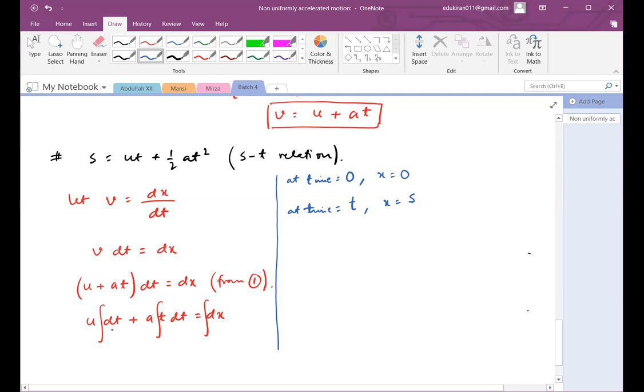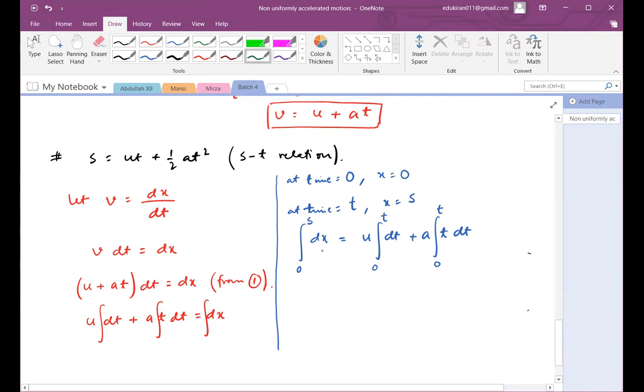Now put these two limits in this expression, you will get integration of dx is equal to u times integration of dt plus integration of a t dt. If t is equal to 0, displacement will be 0, and if t is t, displacement will be s.